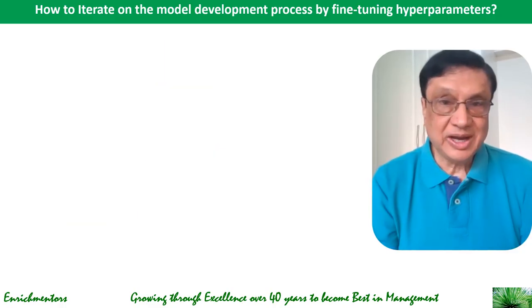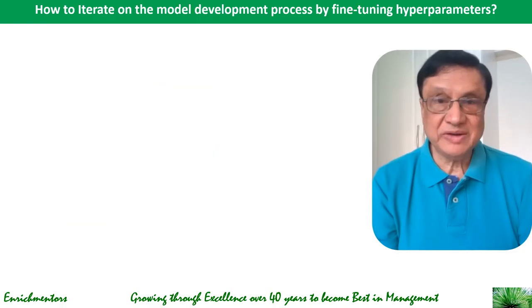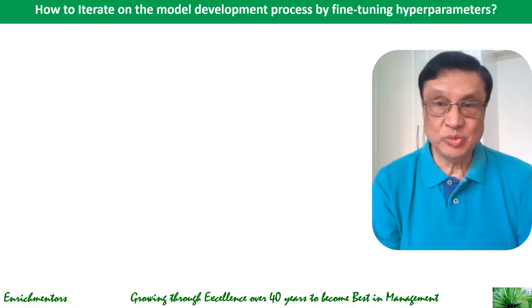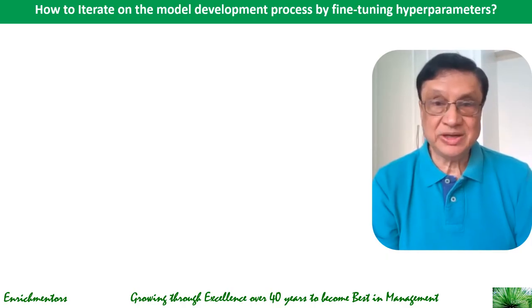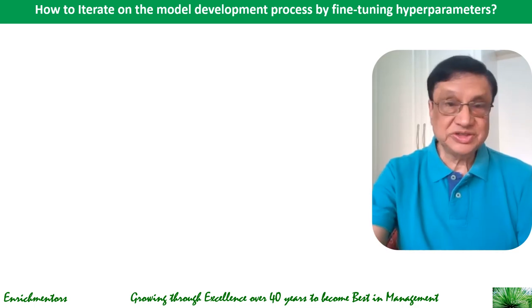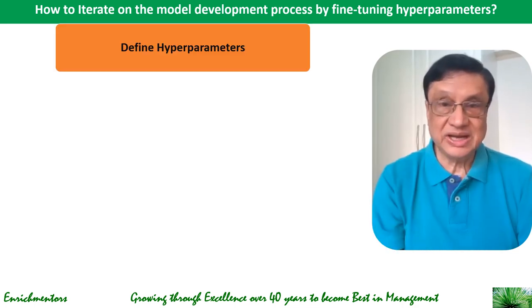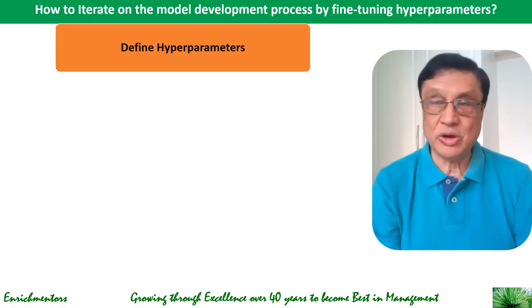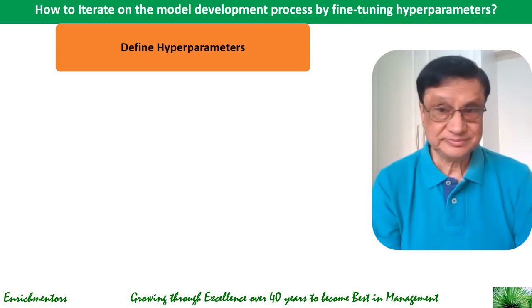So iterating on model development process by fine tuning these hyperparameters involves a systematic approach. There you can optimize the performance of your machine learning model, and what are the steps you can take to fine-tune hyperparameters iteratively? Let's take a look at that. So first thing you need to do is to identify the hyperparameters that are relevant to your model and optimization algorithm.